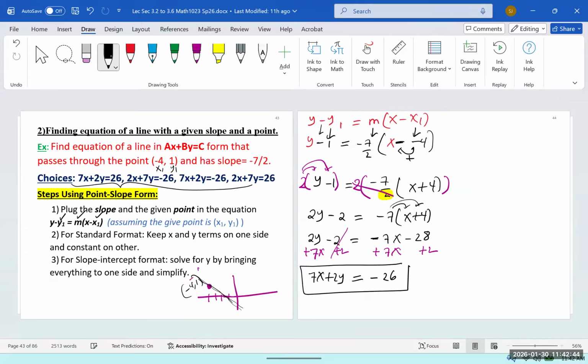So 7x plus 2y equals negative 26. Pick the correct multiple choice: 7x plus 2y equals negative 26 is this one.